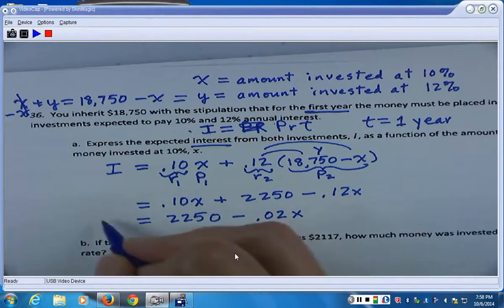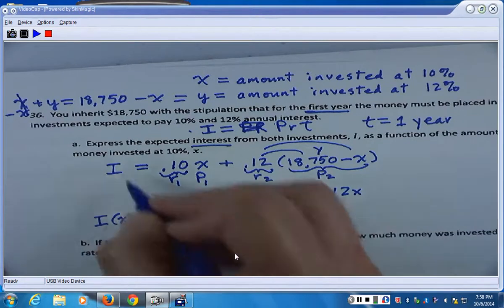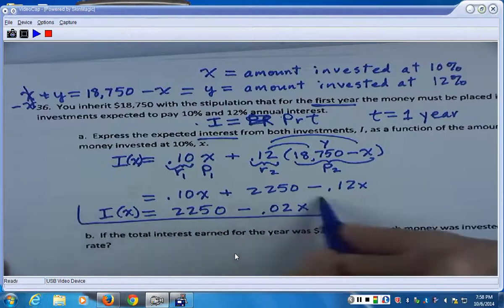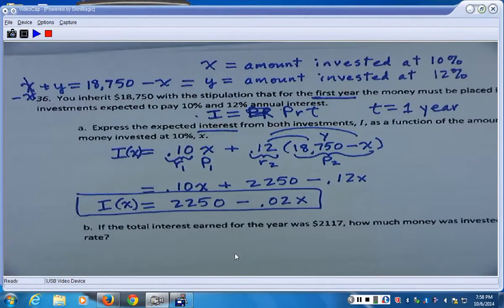Okay, so that's my interest, and that's supposed to be as a function of x. I keep forgetting my little parentheses x. That simplifies my interest from both investments as a function of the amount of money.